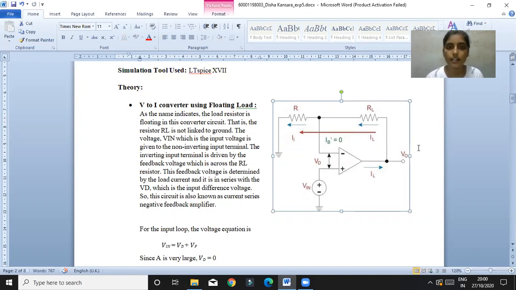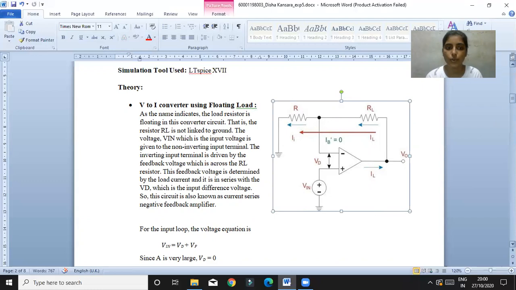This is a load resistor which is floating in this converter circuit, and the resistor RL is not linked to the ground. Vin, the input voltage, is given to the non-inverting input terminal, and the inverting input terminal is driven by the feedback voltage across the RL resistor, which is also known as current series negative feedback.